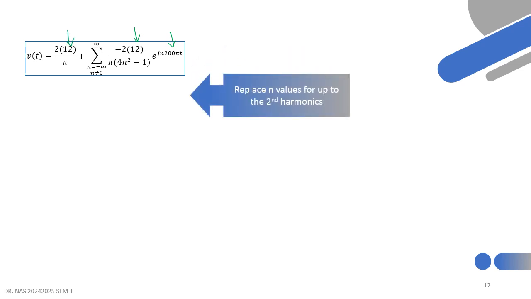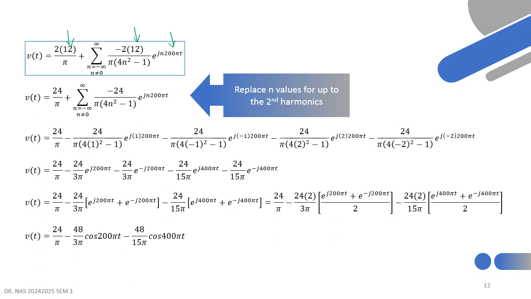Next you need to replace n values for up to the second harmonics. So you expand the equation by including the n values. So this is when n equal to 1, this is n equal to minus 1, and this is for n equal to 2, and last one n equal to minus 2.